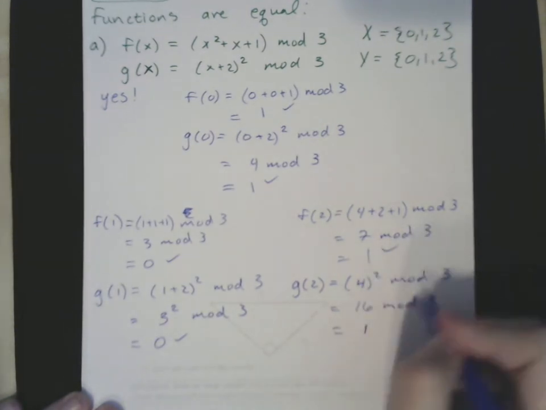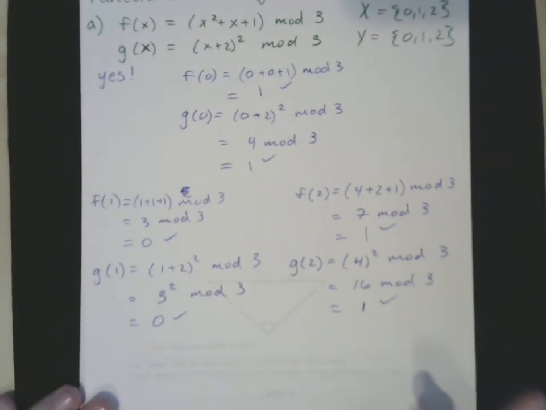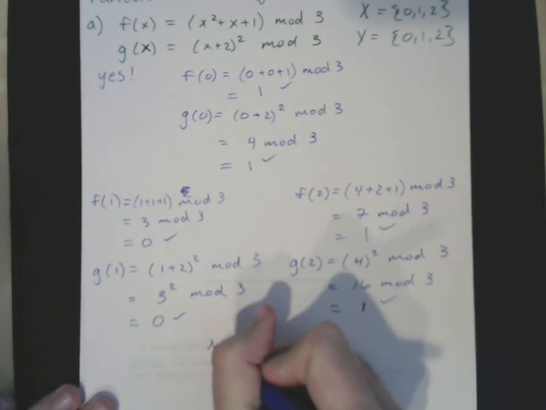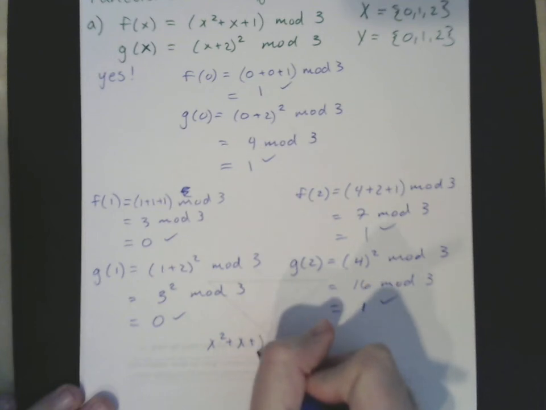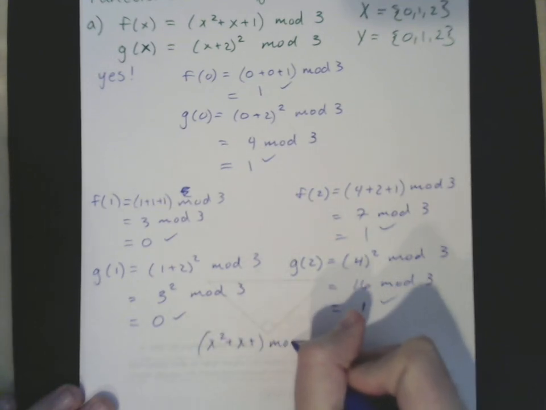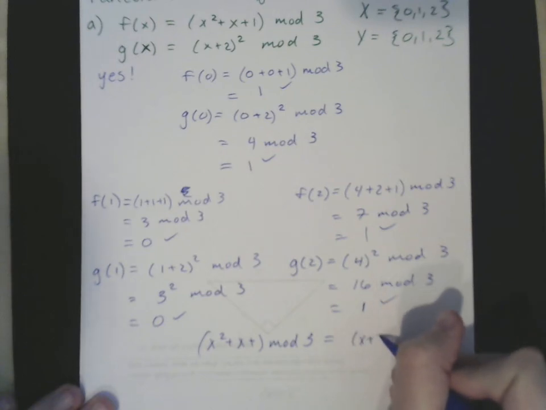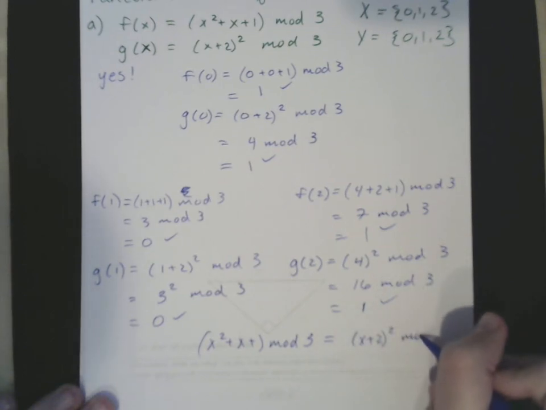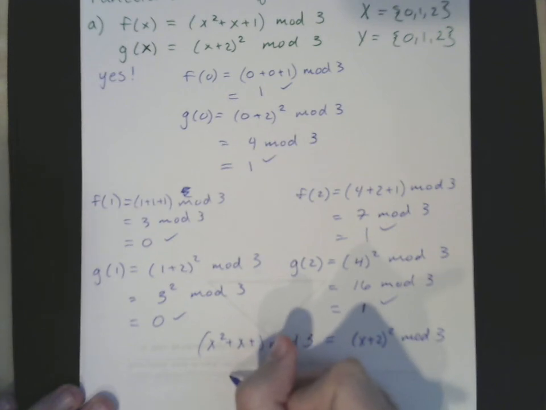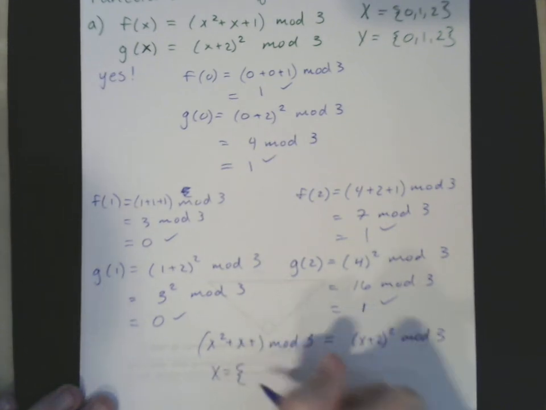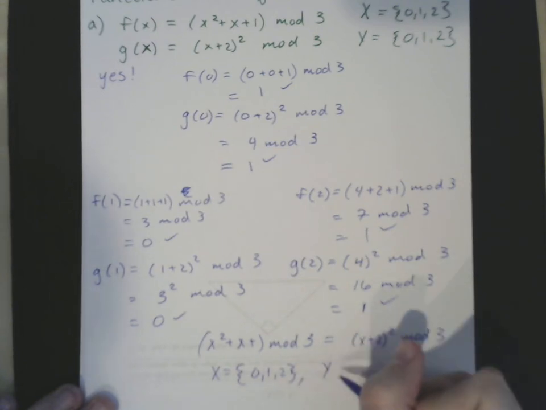So those are equal. So we have that x squared plus x plus 1 mod 3 equals x plus 2 squared mod 3 when x is 0, 1, and 2, and y is 0, 1, and 2.